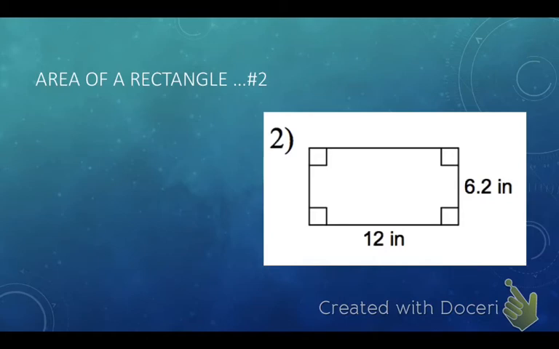Next, number 2. Great, you should have written A equals LW. Okay, so now we're going to label our length and our width. So I'm going to label 12 inches as our length and 6.2 inches as our width.